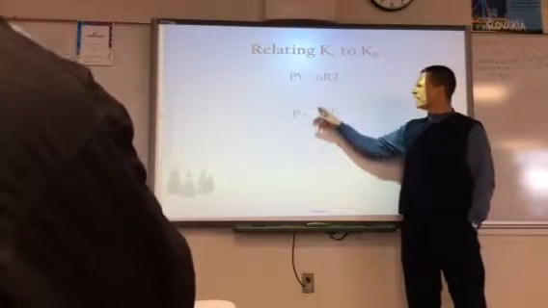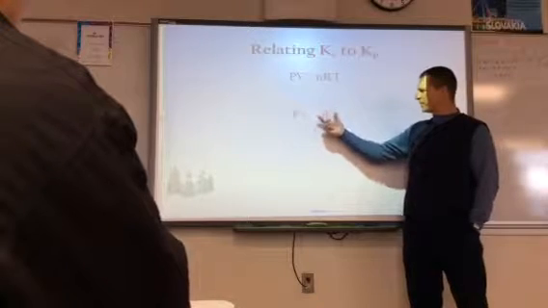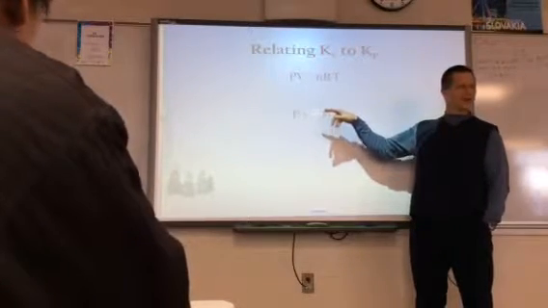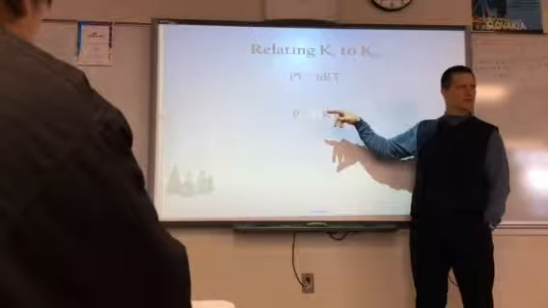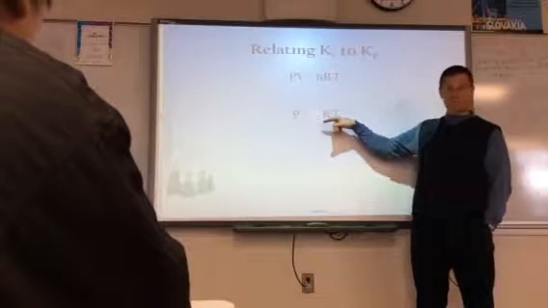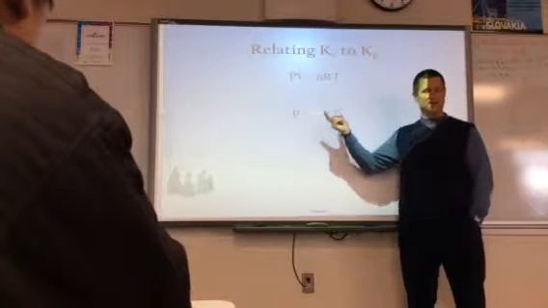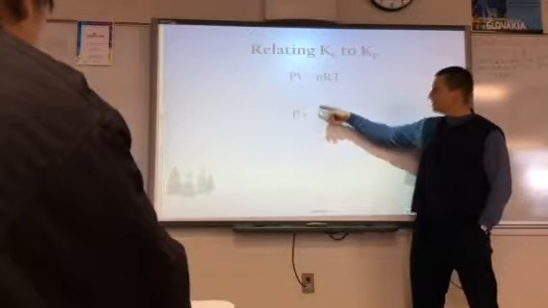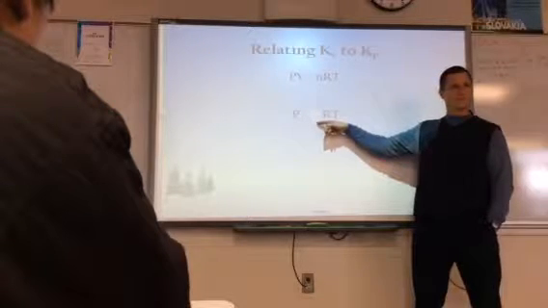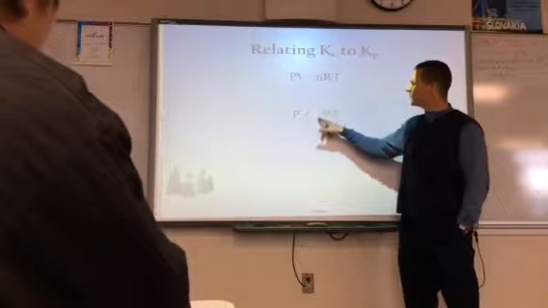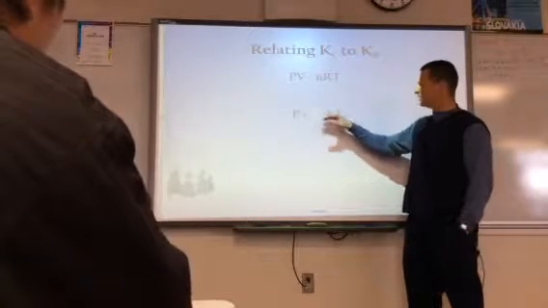But I selected n over V as my thing that's going to divide the V. Why? What do you get when you take n divided by V? N is moles, right? And V is volume, which is in liters because R has liters in it. So with the ideal gas law, this V has got to be liters. Moles over liters. That would be the molarity. So I'm going to just solve this thing for molarity, and then divide out the RT.